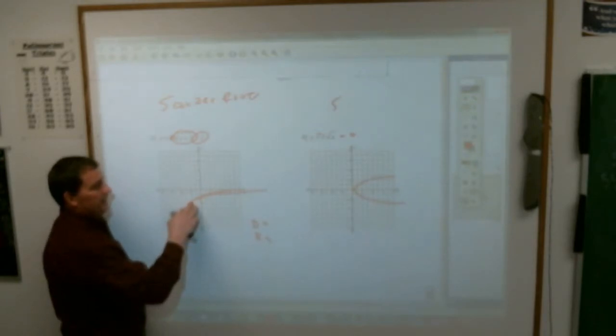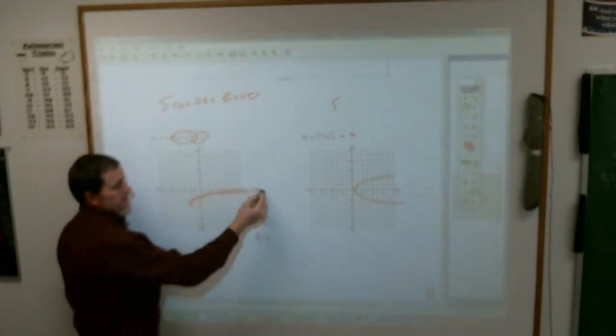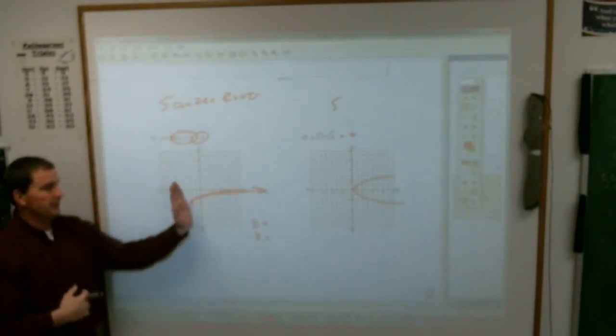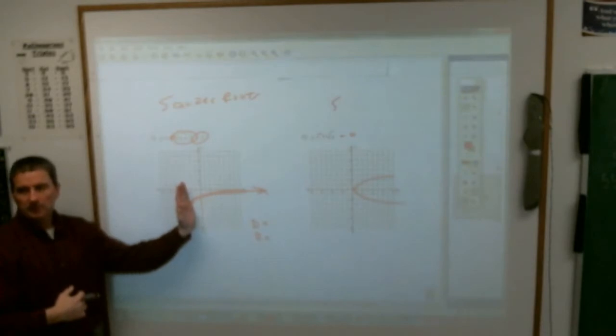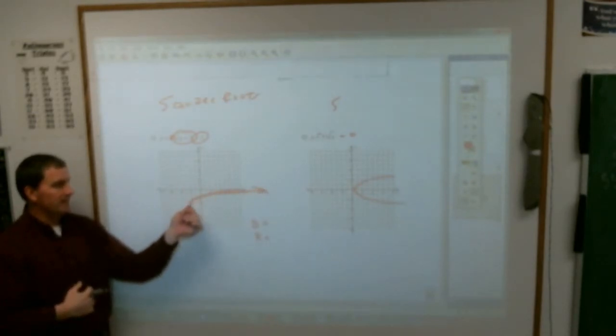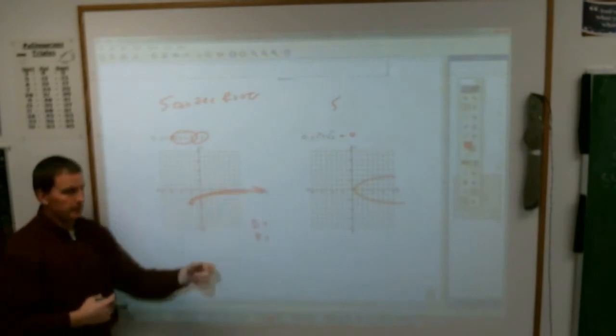If I asked you what the domain of this is, domain are the x values. All of these have a starting point, but no ending point. So x has to be -2 or greater.